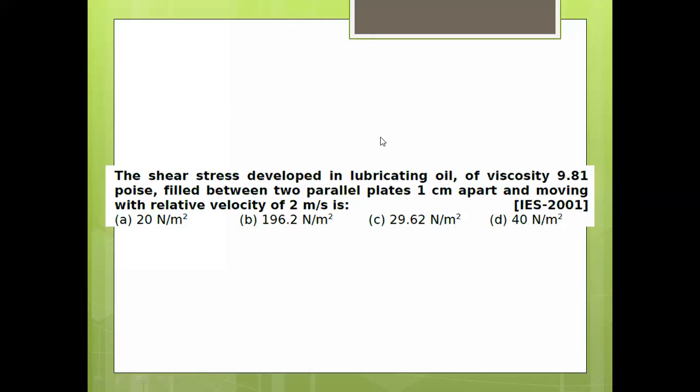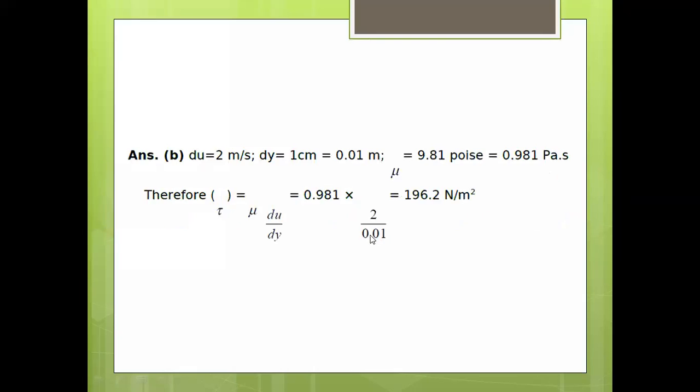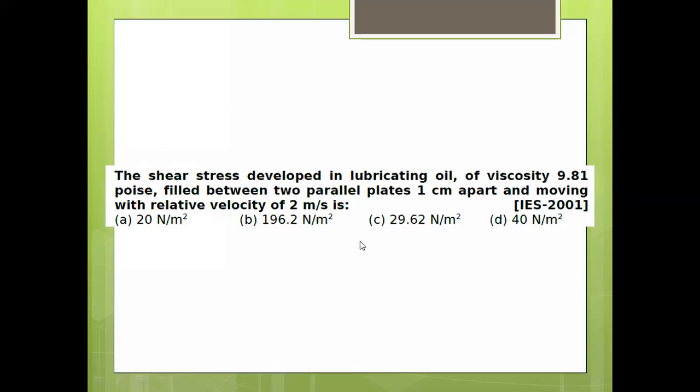Let me check it. Option B is the correct answer, 196.2 Newton per meter square. Correct. And all the students have got the same answer, no exception. Those students who have put the answers, all of them are correct. Nice.